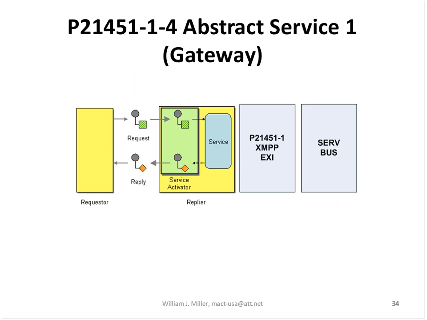I mentioned this earlier about the gateway, which you can see from the left that in our standard, we define those requests and replies, which are going over an IP network. And then you would have, in this scenario, an XMPP capability that is connected to a service bus.